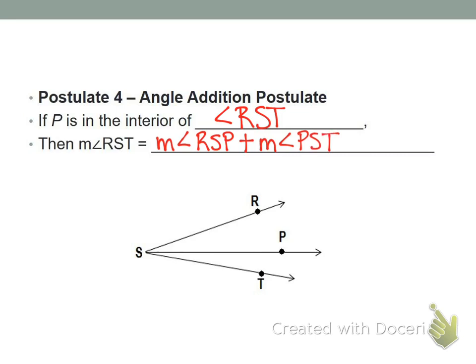Much like with segment addition, we can do the same kind of thing with angles. You take two smaller ones and put them together, you get a bigger one. If you want to make yourself a note about this, little m stands for measure. That is notation that we will see used over and over again.